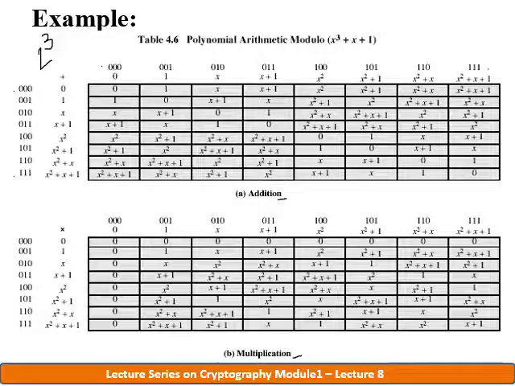What do we get for that? 0 XORed with any value, we get the same values: 0, 1, x, then next x plus 1, x square, x square plus 1, x square plus x, then x square plus x plus 1.